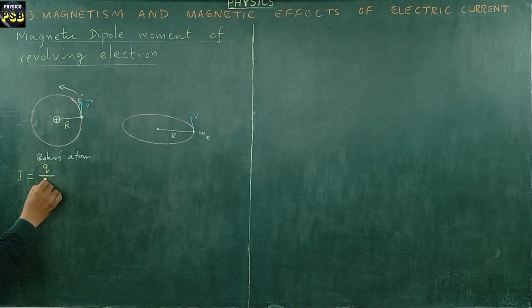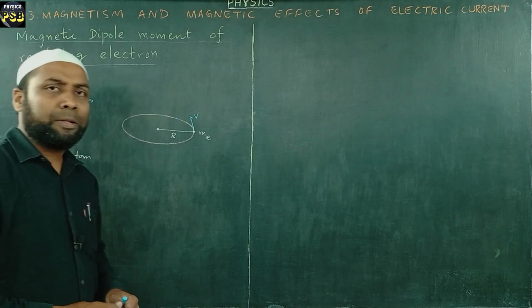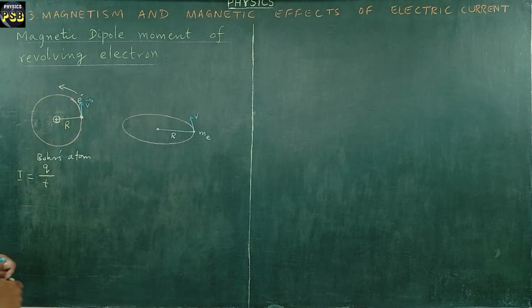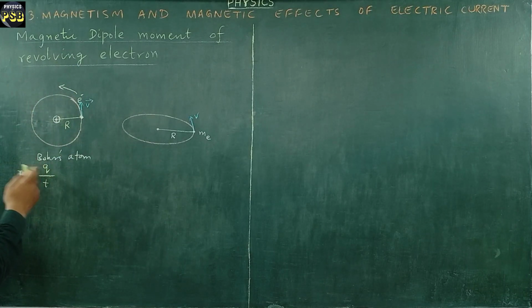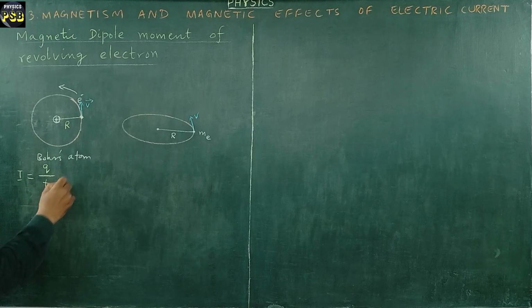We know current I is nothing but the rate of flow of charges. So Q upon T gives us the current flowing through a conductor. In our case, the flow of electrons constitutes current. So Q is replaced with the charge of the electron, which is minus e.